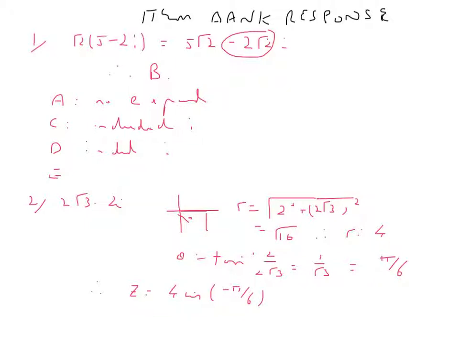So the correct response is B. Explaining things, I would reject A and D and state that they are in the wrong quadrants, and you would reject C and E simply because they don't know their exact values.